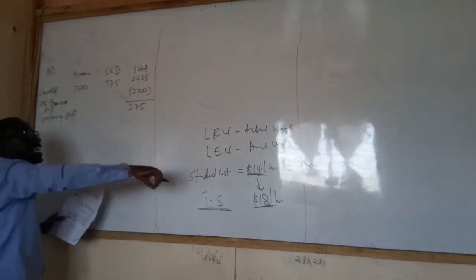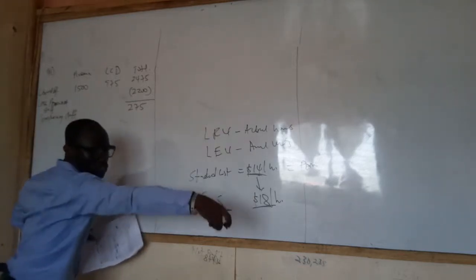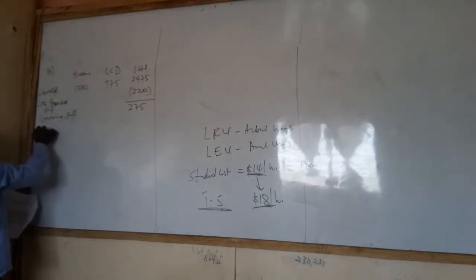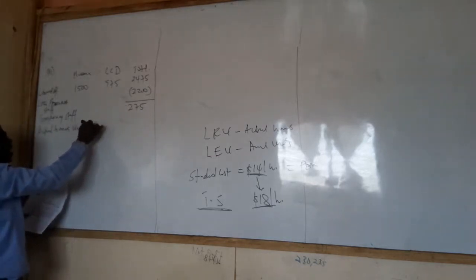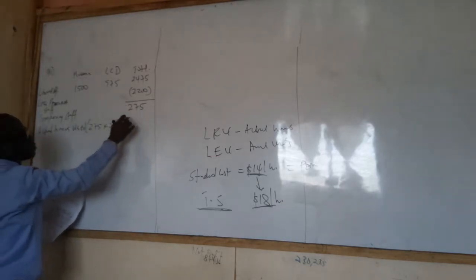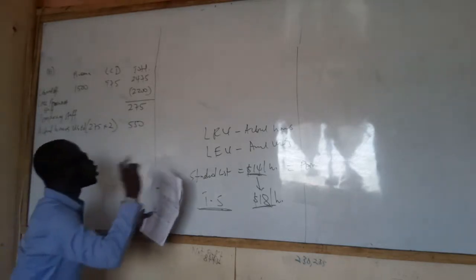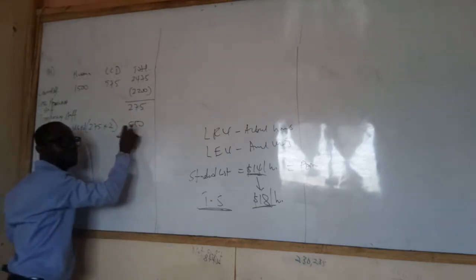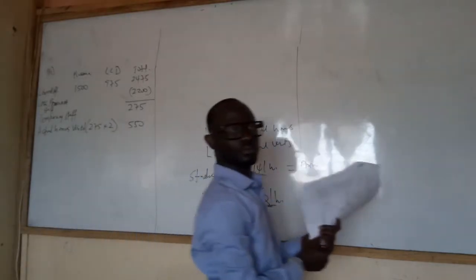Let's say the temporary staff use twice the time they were supposed to have used. Hence, if we want the actual hours that they used, it will be 2 times this figure, which is 550. So they are supposed to have used 275, but they used 550. Do you understand this working, please?